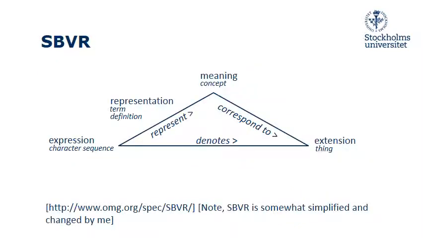I now want to introduce a standard called SBVR, which is a standard defining things that we have talked about, such as concept, terms, definition, things, expressions, and so on.